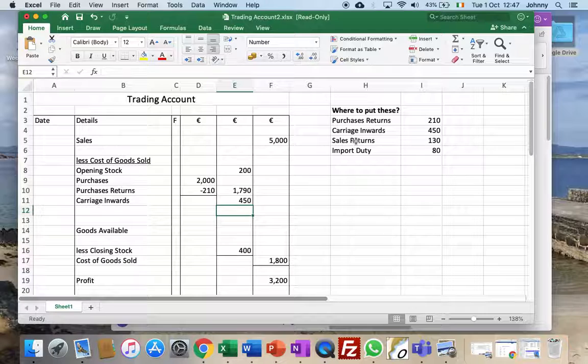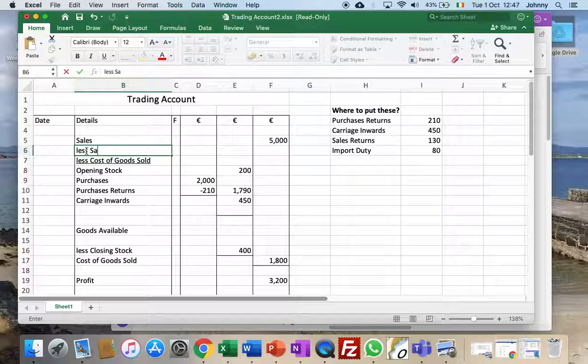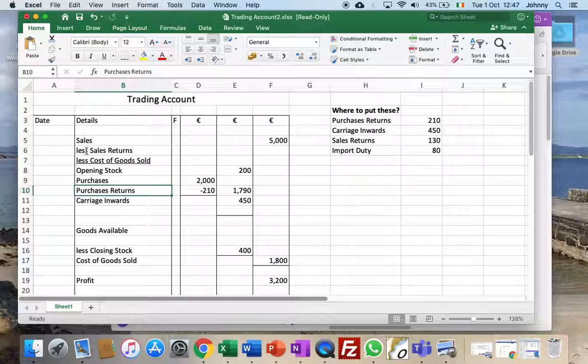We have sales returns. Well, that means some of the goods that we sold for 5,000 were returned. So we actually sold less goods than we thought. So we'll take away our sales returns. And just to help us with our maths, we're going to write the same thing with our purchase returns here. We're just going to remind ourselves, so we're going to less our purchase returns, same as we wrote down here when we less our closing stock, just to give you a hint.